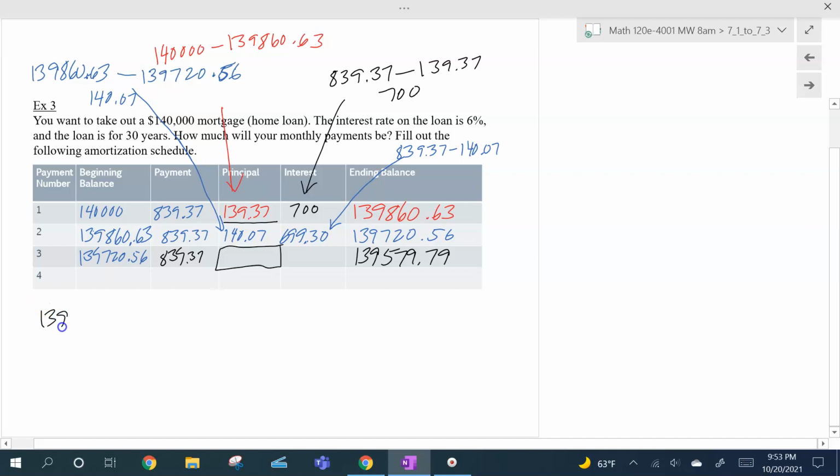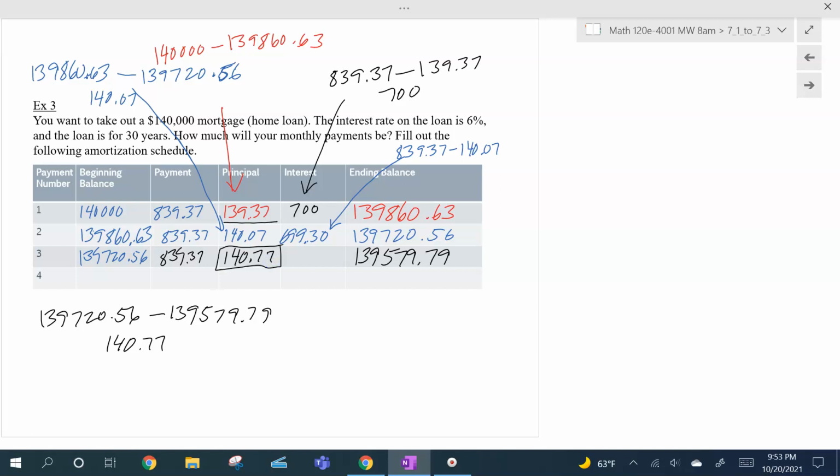Beginning of the month, I owed $139,720.56. I made that payment at the end. After making the payment, I owed $139,579.79. So the difference between those is $140.77. That's how much it went down. That went towards the principal.